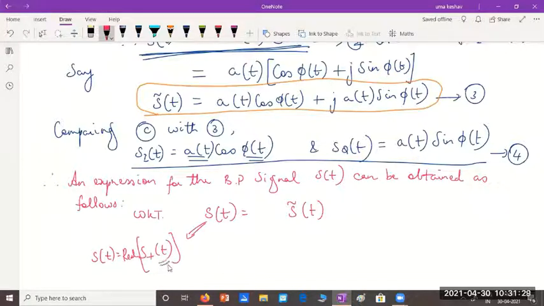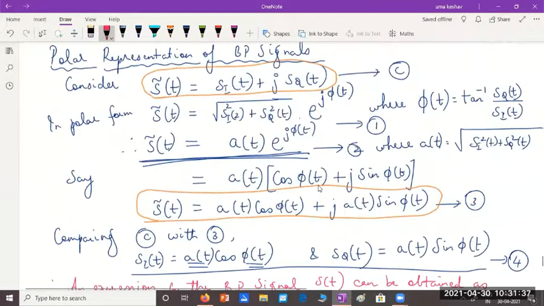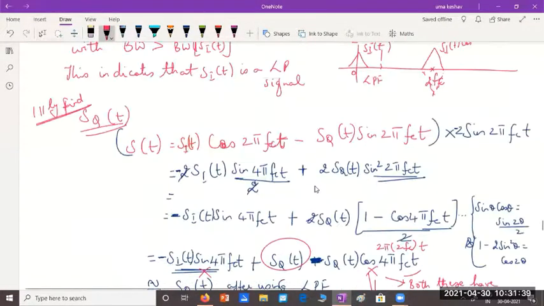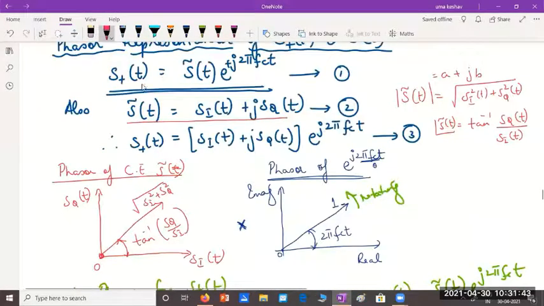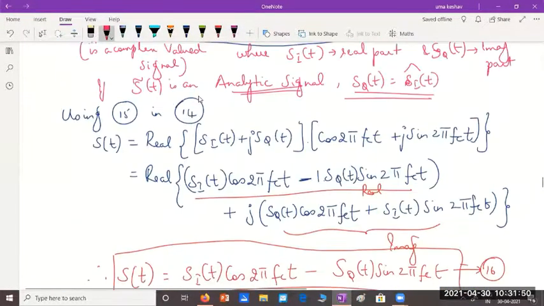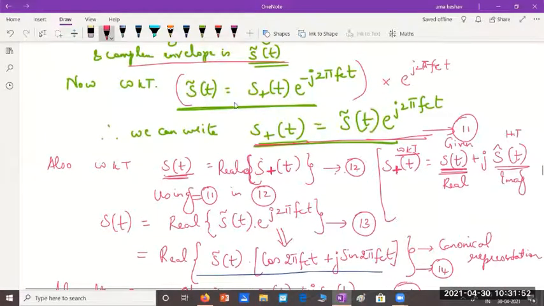And can I write this pre-envelope in terms of complex envelope into e to the power of j2 pi fct? We wrote all this yesterday. Here we have written the pre-envelope as complex envelope into e power j2 pi fct, whereas the complex envelope will be pre-envelope into e power minus j2 pi fct.